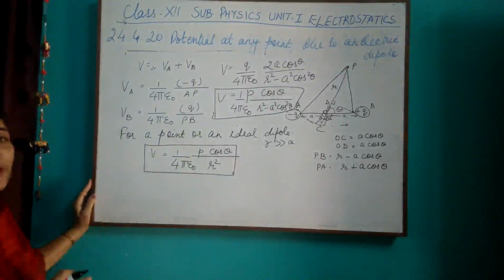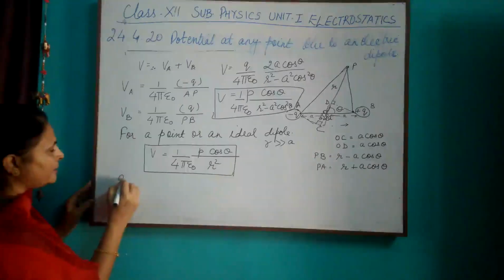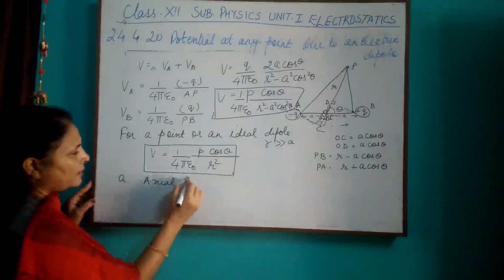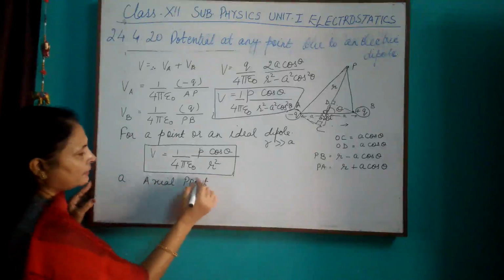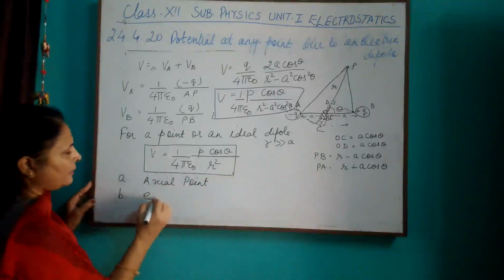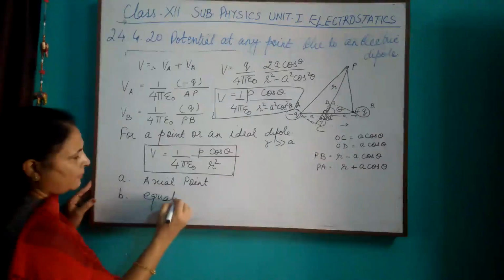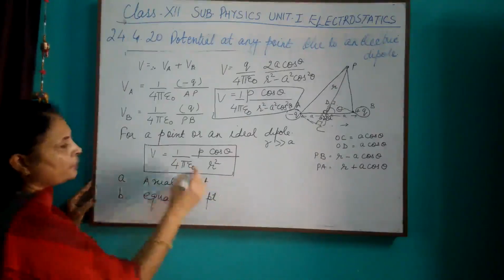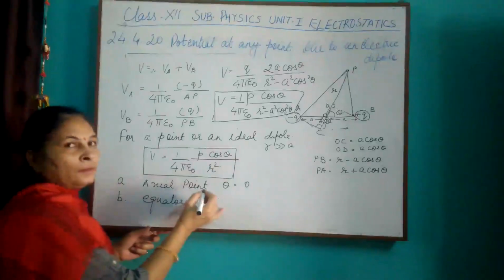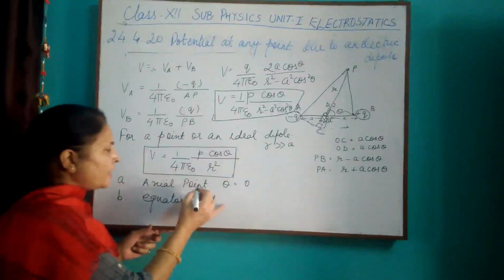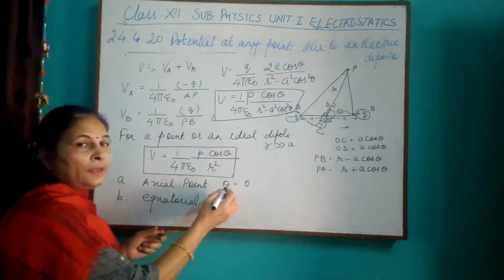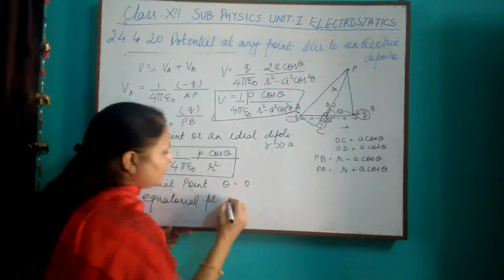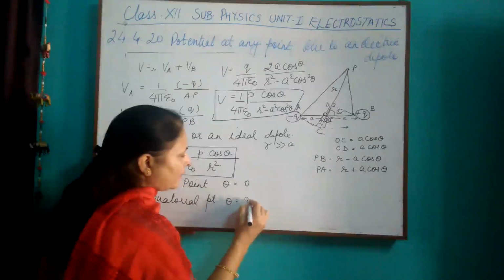Now from this expression you can find out for axial point as well as for equatorial point. So you can see for an axial point theta will be 0, and if we take the equatorial point, theta will be 90 degree.